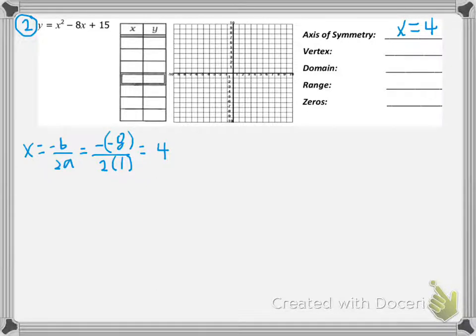Okay, so that's what's going to tell us right here. 1, 2, 3, 4. So at x equals 4 there, that's where my symmetry is.